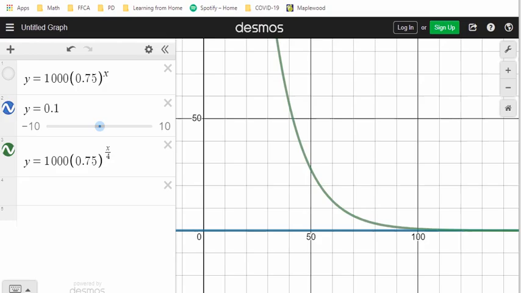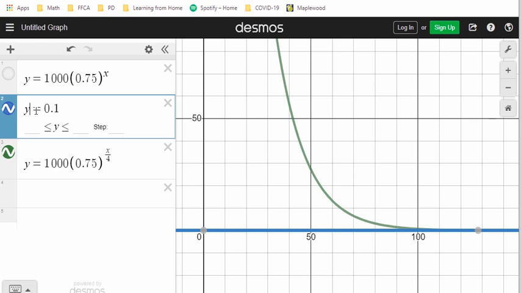So here you can see again in blue I have y equals 0.1, and now I have this equation 1,000 times 0.75 to the exponent x over 4. So that's this green function here, and I want to know where these two graphs will intersect. So when I highlight this graph, it shows me this intersection point here, 128.